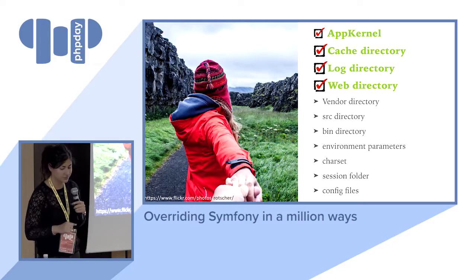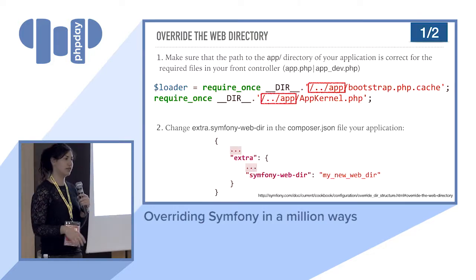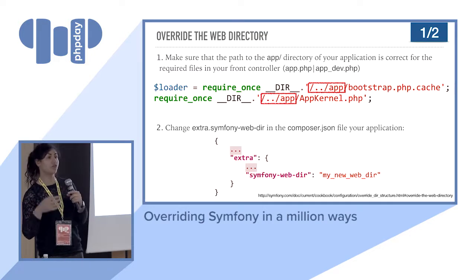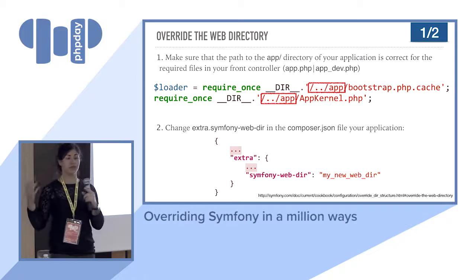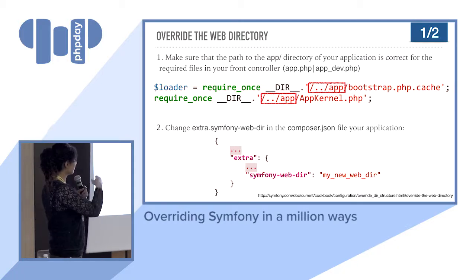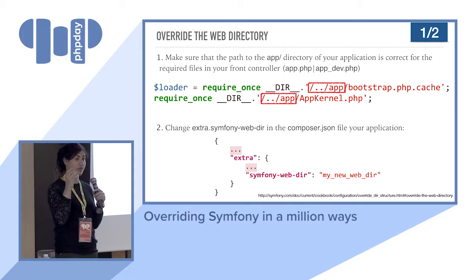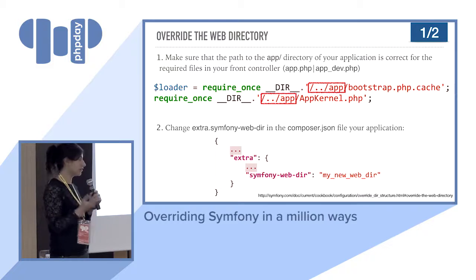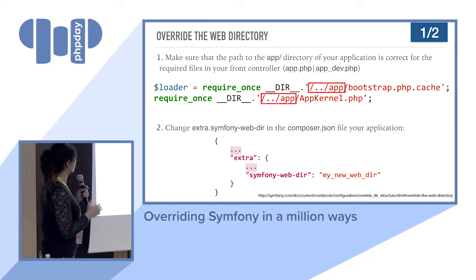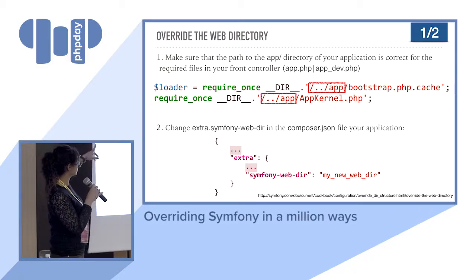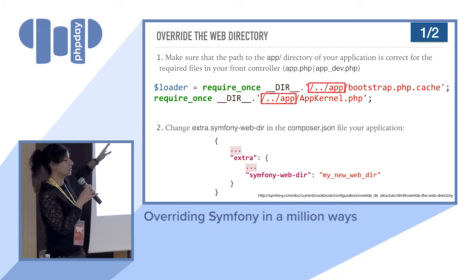Okay, the web directory. The web directory, you know it. You have basically different controllers. You have all the assets you need for CSS, images, and so on. If you want to change the name of the directory or the place, you must change here the requirements which are in the front controllers.